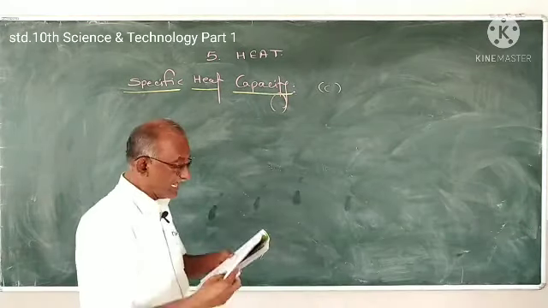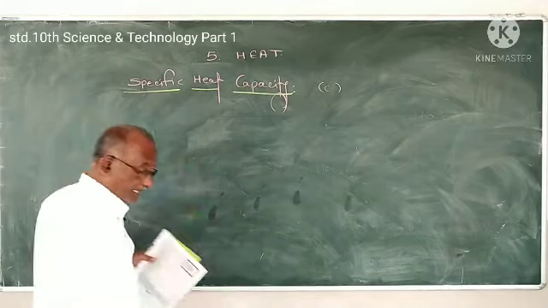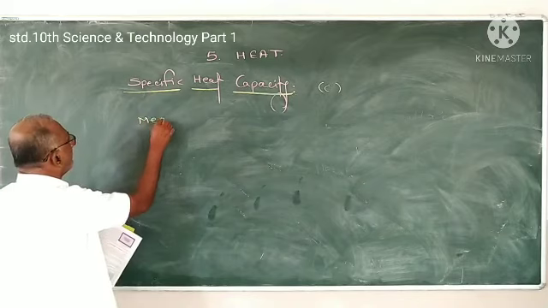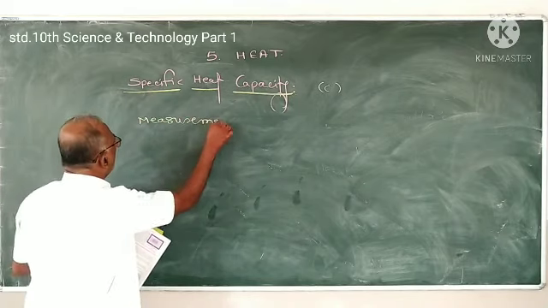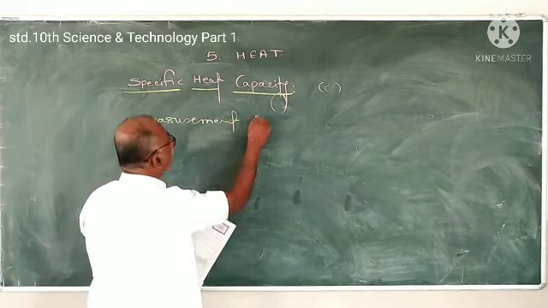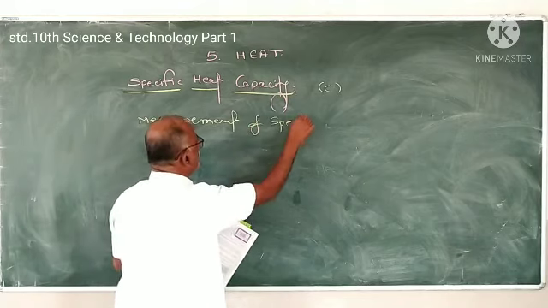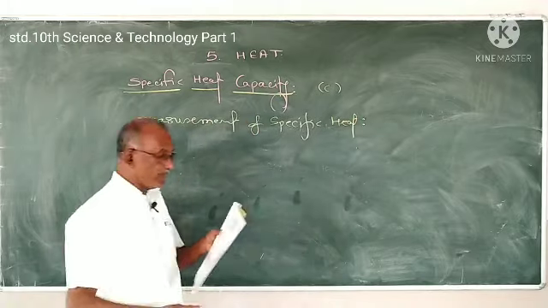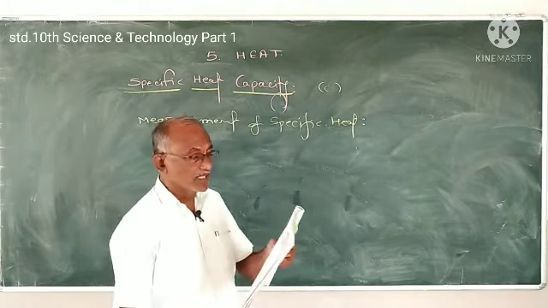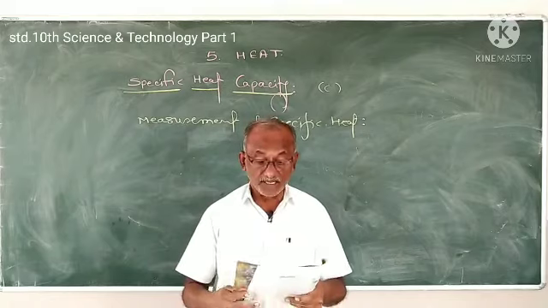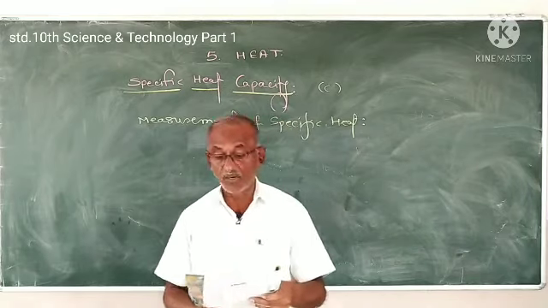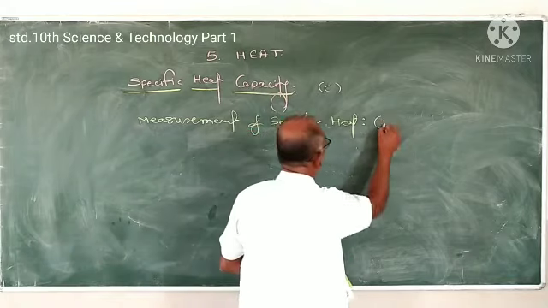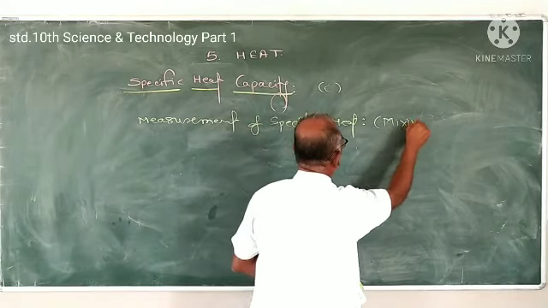I am writing here the title: measurement of specific heat. The specific heat of an object can be measured using mixing method. What is the name of this method? Mixing method.